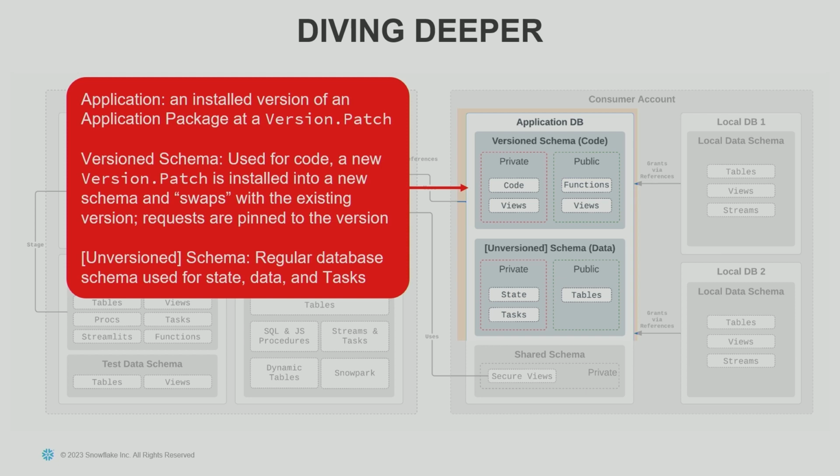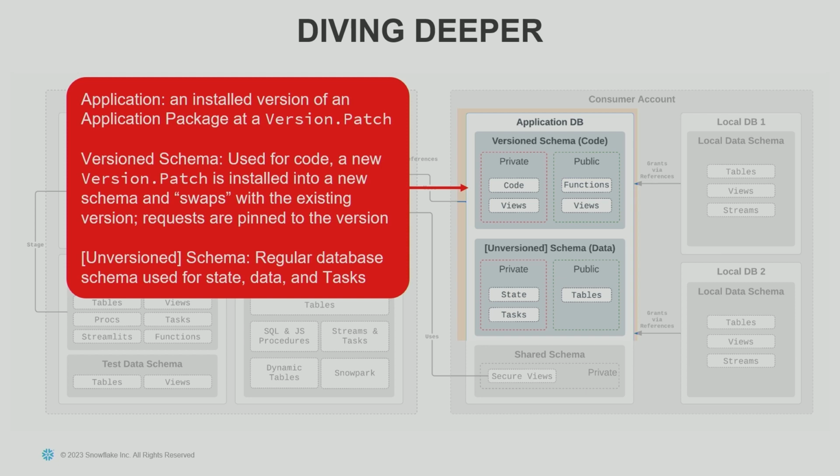As soon as the upgrade finishes, there's an immediate swap where any new requests start seeing the new version of the application, the new contents of that schema. But any long-running queries that may have been started either before or during the upgrade will continue to see the state of that schema as of the time they began running the query. Again, this is a really fundamentally important part of this live upgrade process.